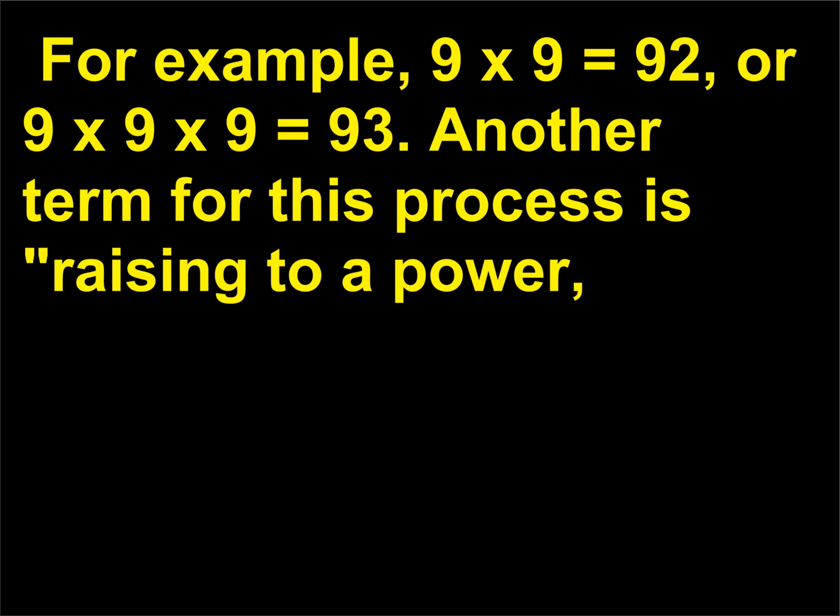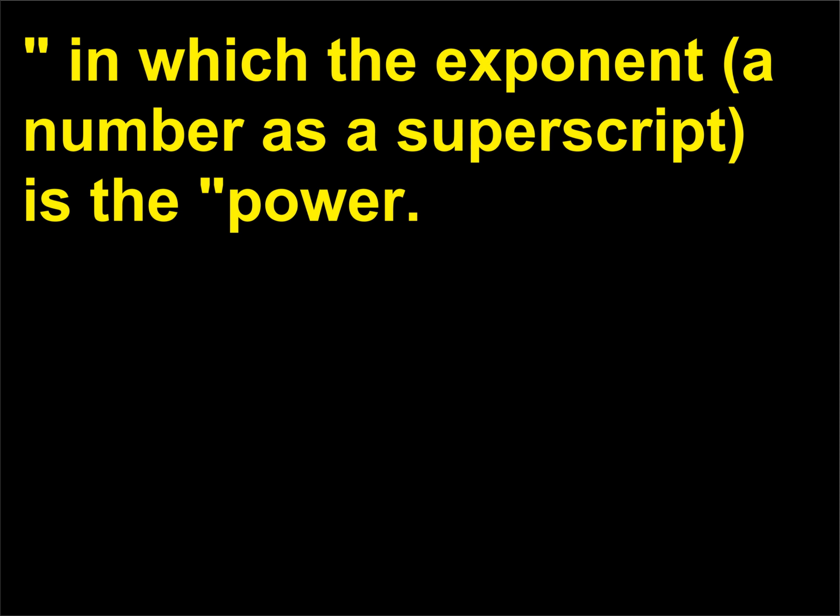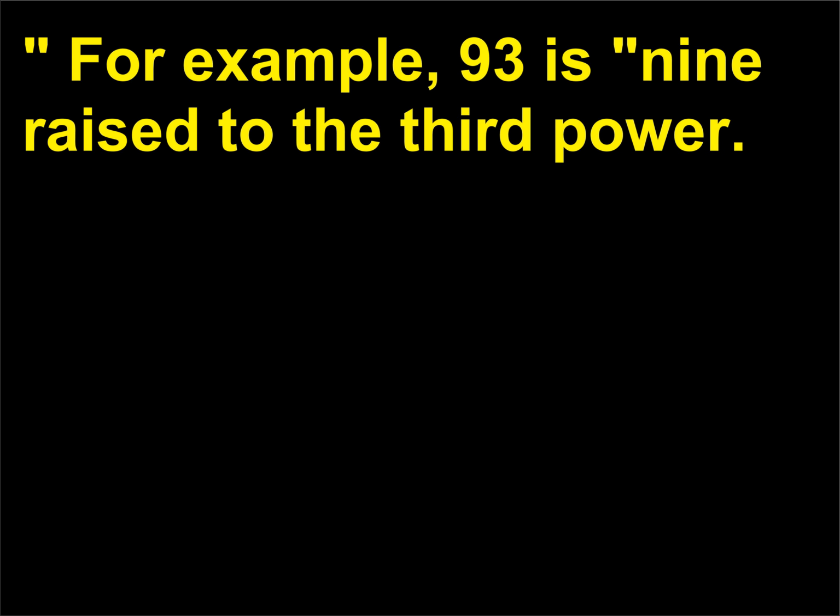For example, 9x9 equals 9², or 9x9x9 equals 9³. Another term for this process is raising to a power, in which the exponent, a number as a superscript, is the power. For example, 9³ is 9 raised to the third power.